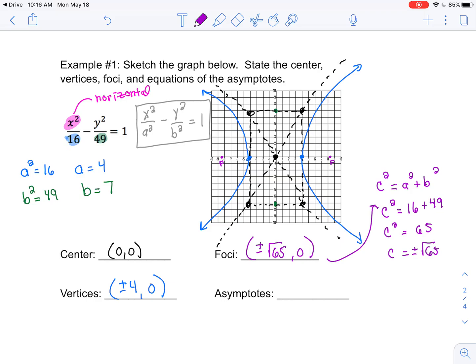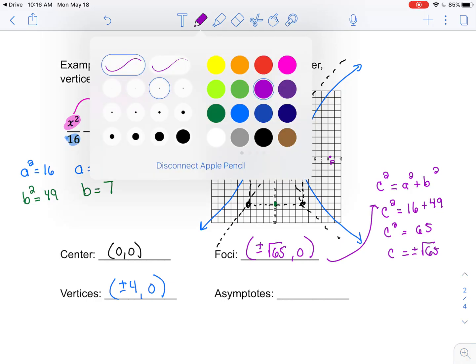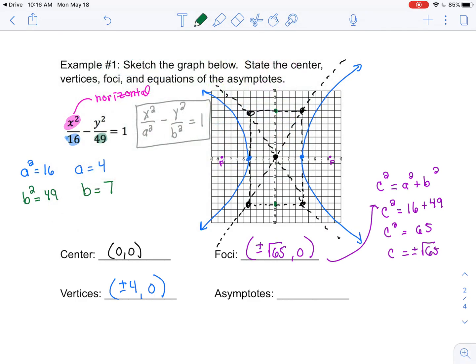And my asymptotes. When I have a horizontal hyperbola such as this, I just think about this as we're trying to find the slope of these asymptotes. They go through 0, 0, so really the equation we're writing is y equals mx.